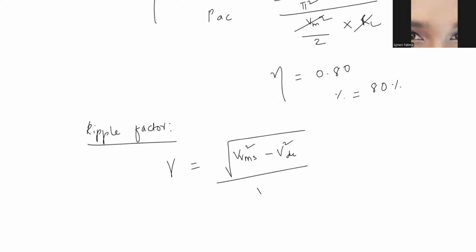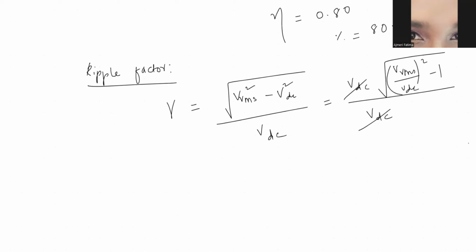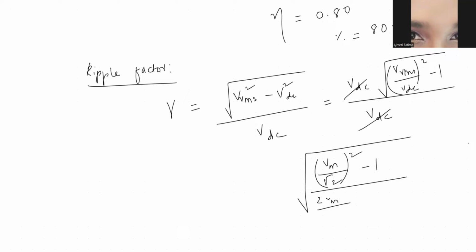If I take VDC common, what will I get in the numerator? I would get VRMS by VDC whole square minus 1, divided by VDC. So VDC gets cancelled. I'm left with VRMS by VDC. What is VRMS? We got Vm by root 2 whole square, under root, minus 1, divided by VDC. I think I got it as 2 Vm by pi. You can go up and check.